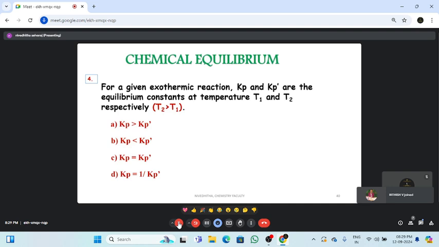Now we have to find the relationship between Kp and Kp prime. You have to know that for an exothermic reaction, if we increase the temperature, what will happen to the value of Kp? Please imagine that and tell me the relationship between Kp and Kp prime.